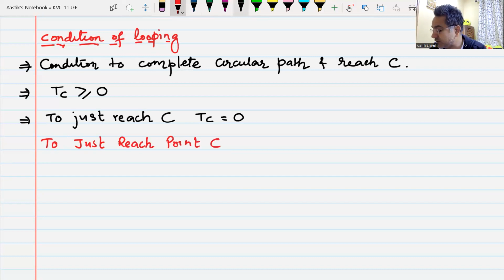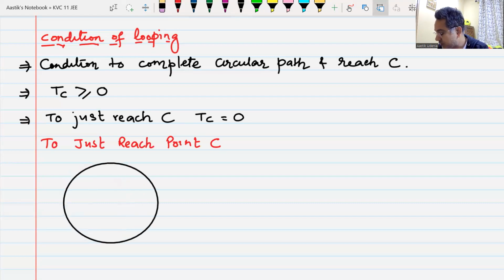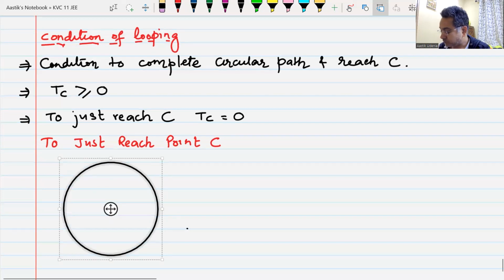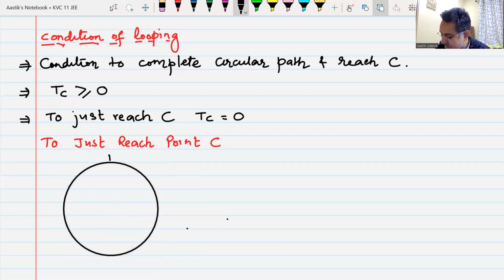What should be the condition to just reach point C? And how do I find out that condition? I draw a circle. This is the center.